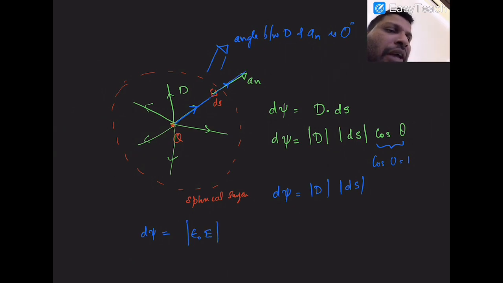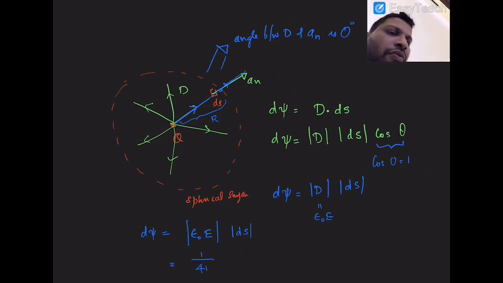Now we will take the magnitude, because D is equal to epsilon naught into E, then into the magnitude of ds. What will be the electric field at this point? Let's say the distance is r.